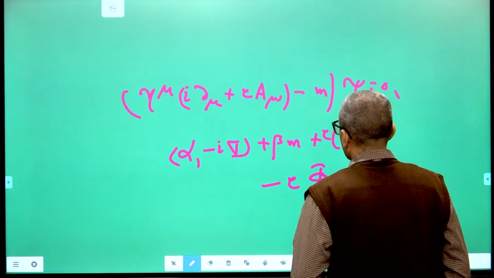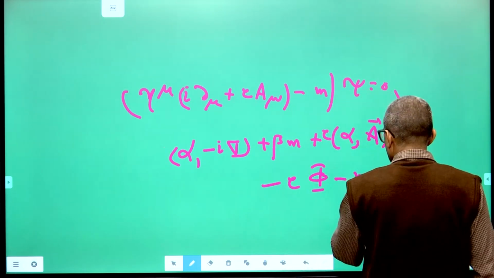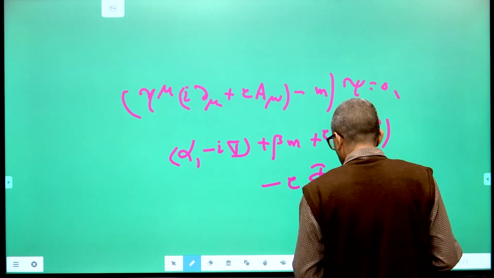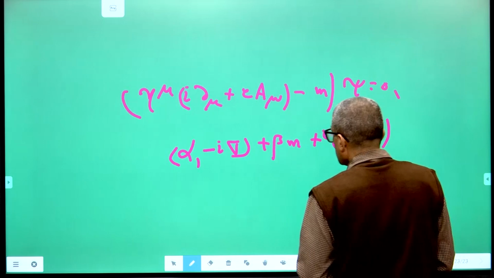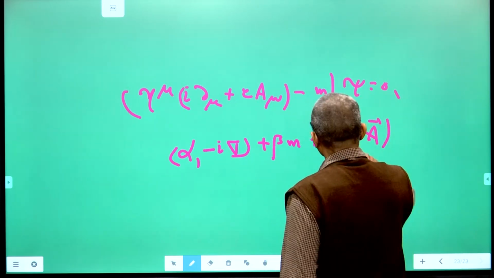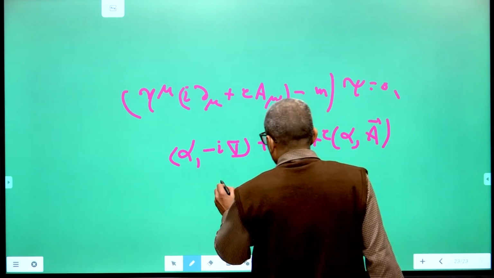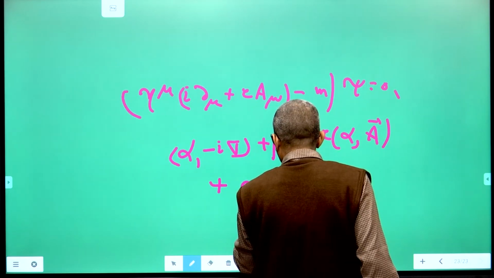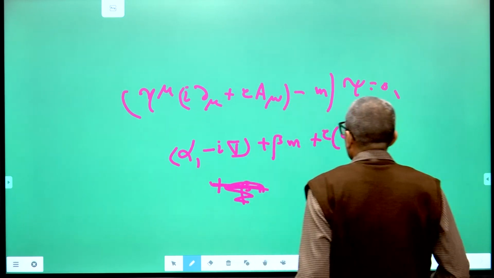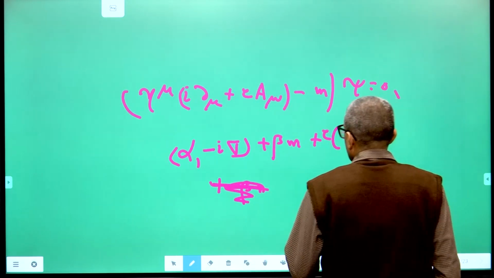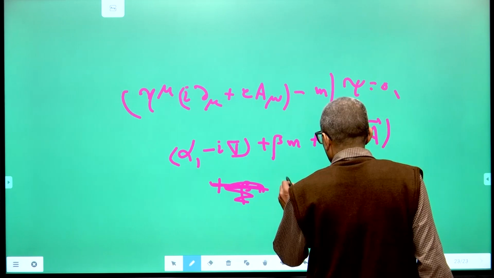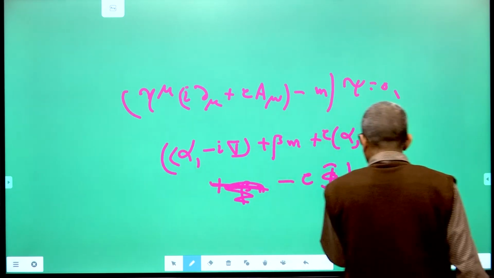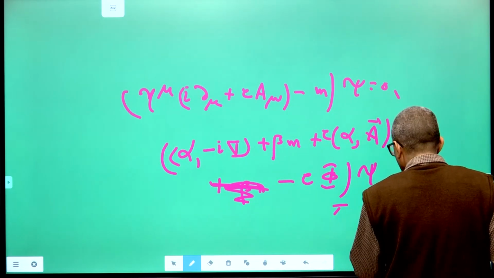That is the total energy, this is the Hamiltonian, plus beta m, if you multiply both sides by gamma 0. That is what you will get, and that beta into m has been taken care of, and this is the total energy. So, you have to add to this the electrostatic field energy. So, this into psi is equal to I dou psi by dou t.